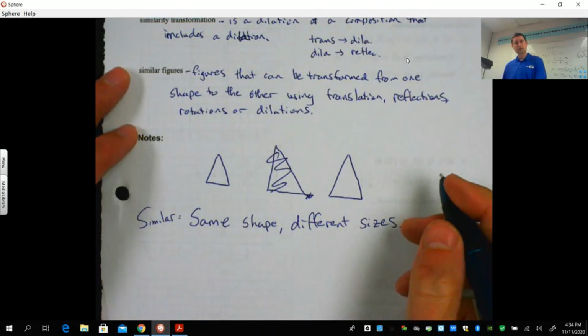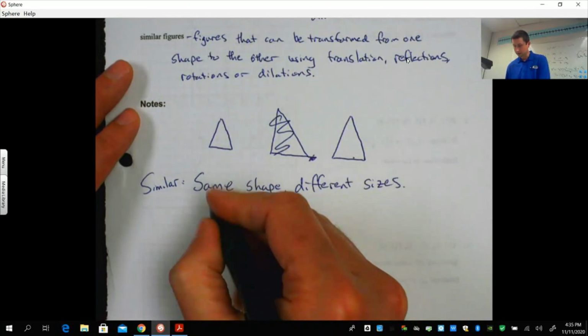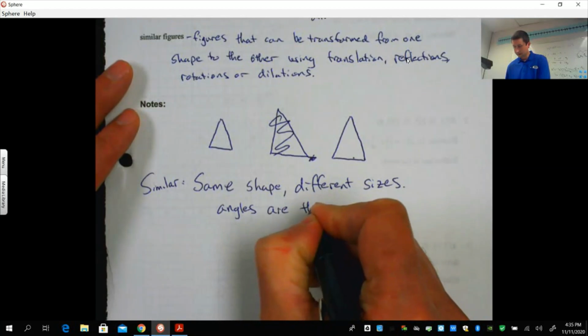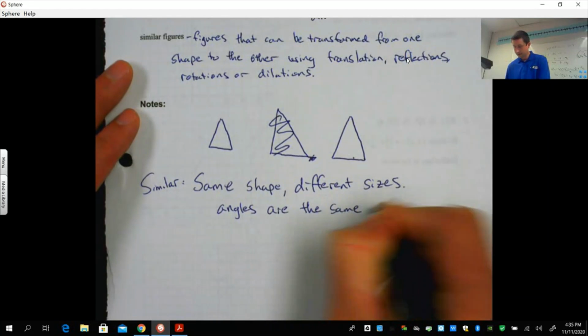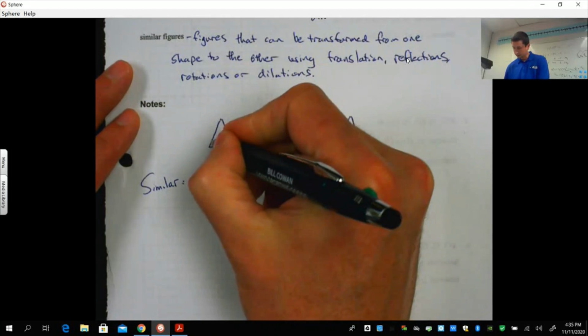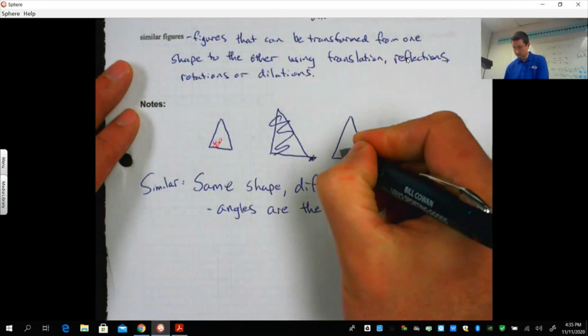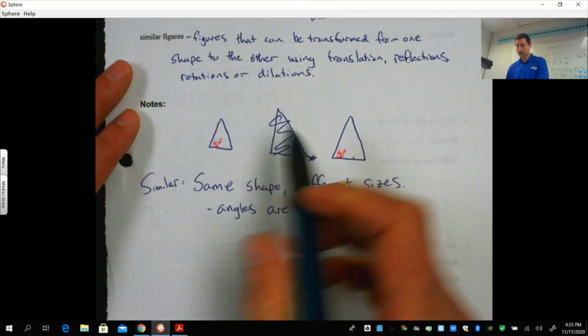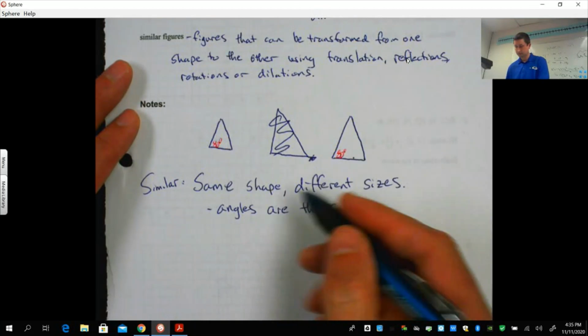Okay? And two characteristics that are important for similar figures. Angles are the same. So if this triangle, let's say this is 80 degrees here, if this is the corresponding angle, that would be 80 degrees. So angles are going to stay the same measurement.